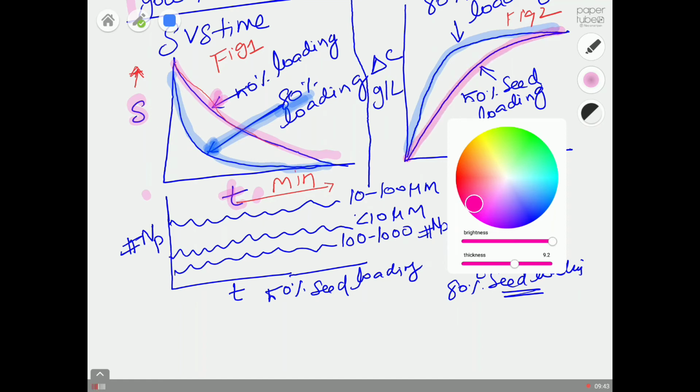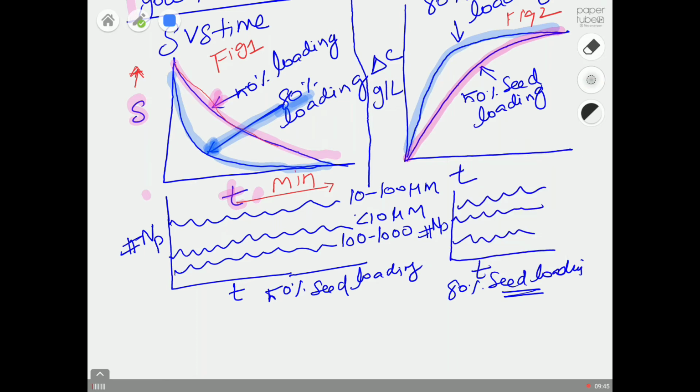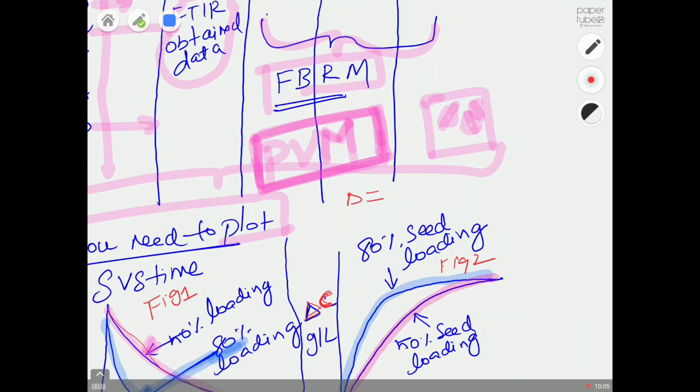But this time you are going to plot something different on the y-axis. On the x-axis, it will be time expressed in minutes or seconds, whatever unit you can use. On the y-axis, we are going to use a value called delta C. So what is this? Delta C is your concentration minus your solubility concentration.